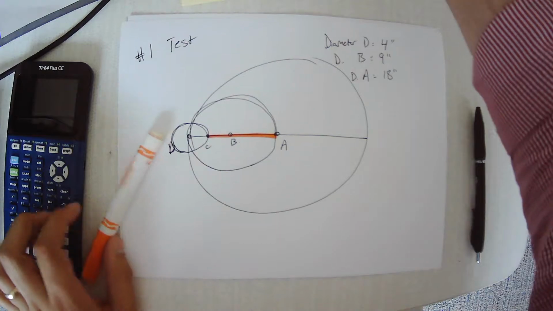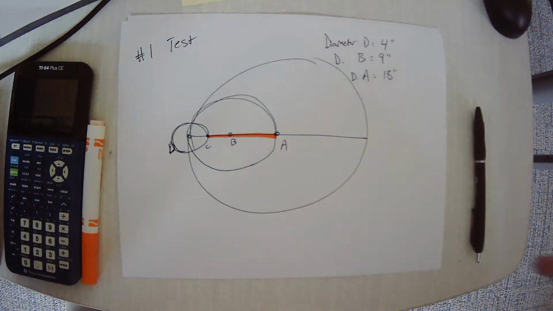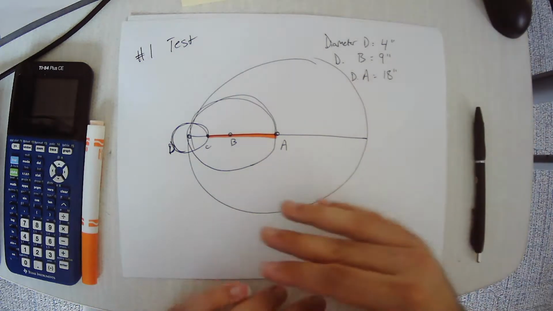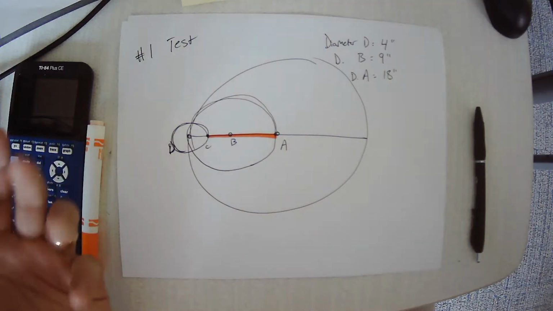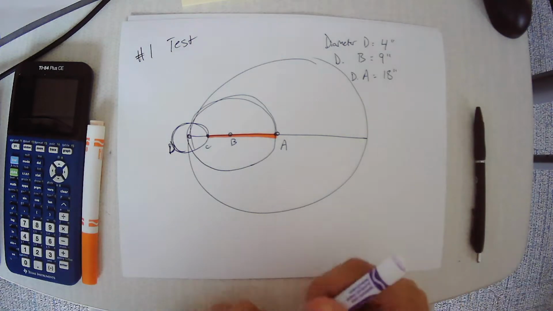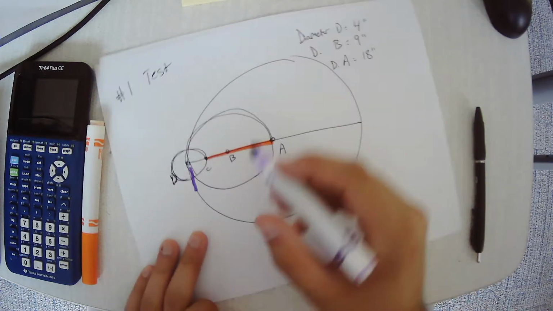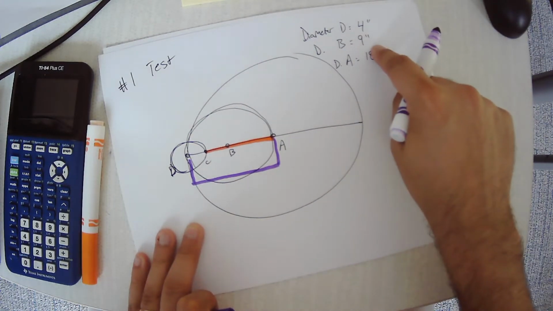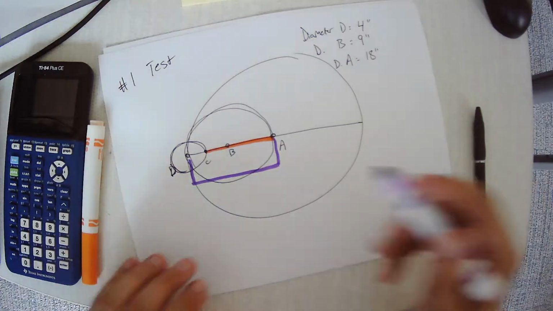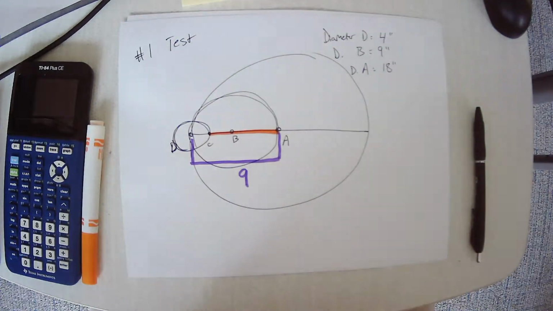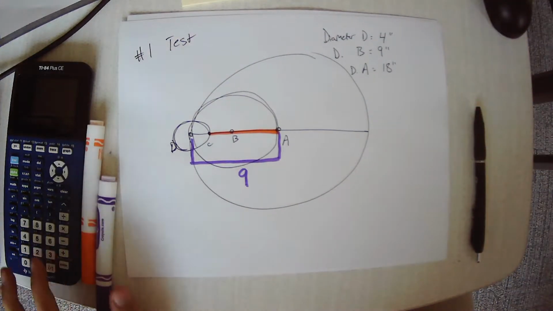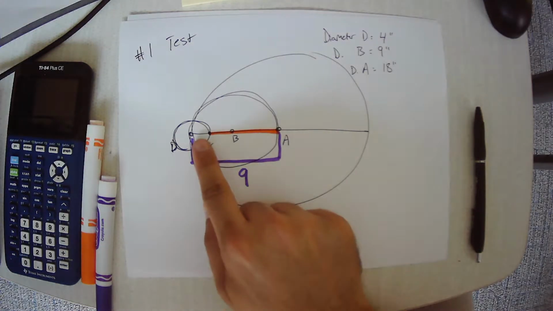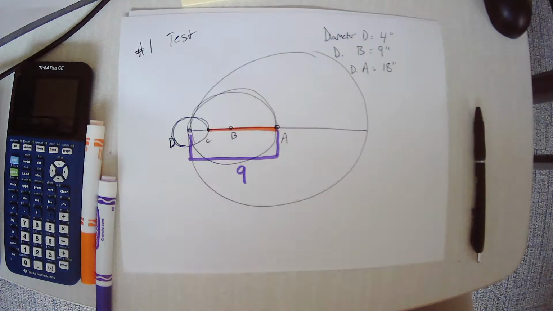Well, the only thing this question is doing is cutting diameters in half or doubling radii and adding and subtracting. I know this is 9. Either that's the diameter of B or half of A, whichever you want to think about it, but that's 9. And my orange piece is almost that. I just have to figure out what this little sliver not included is.